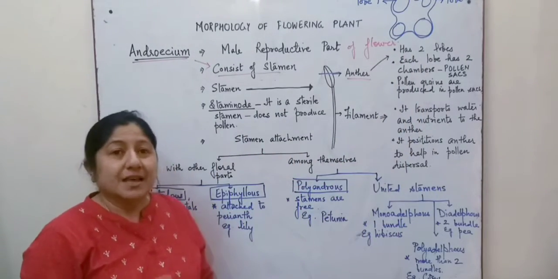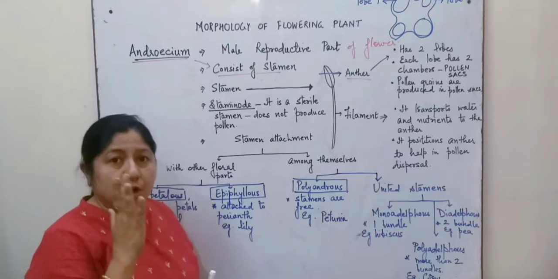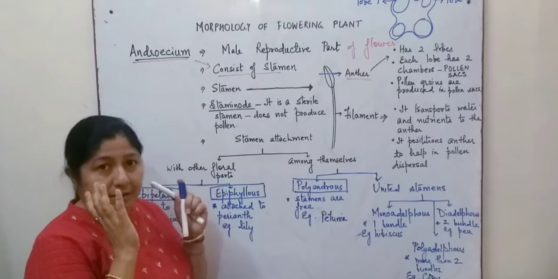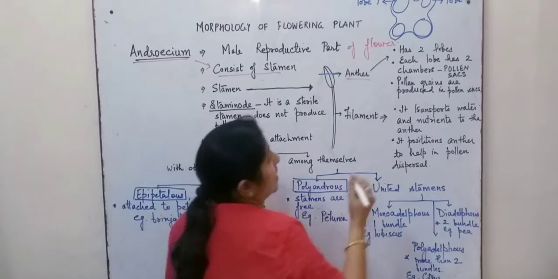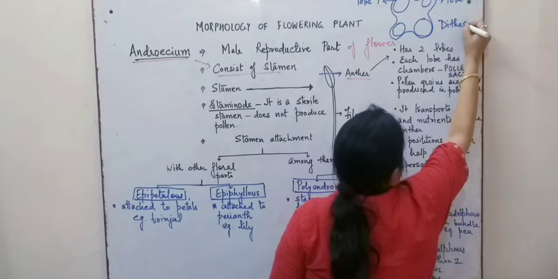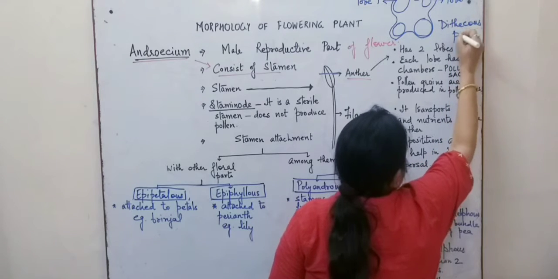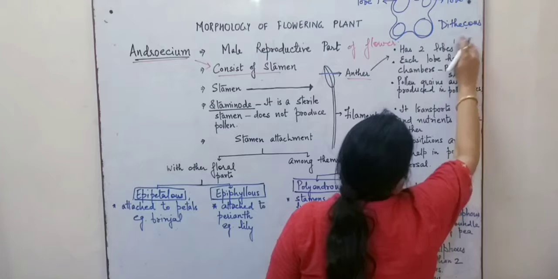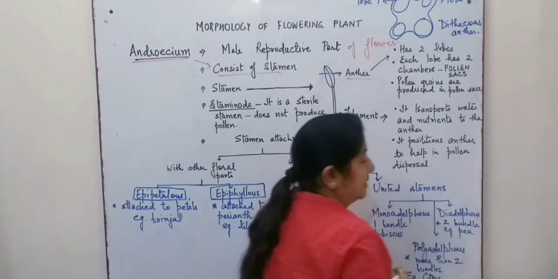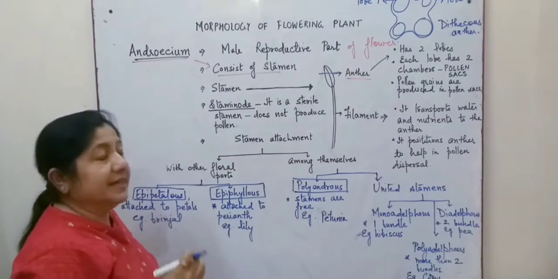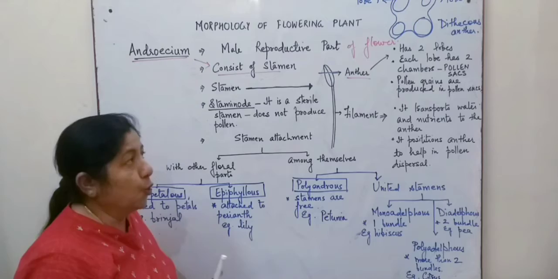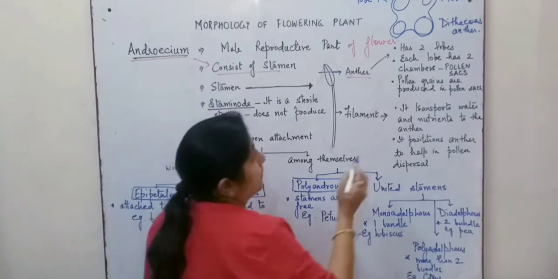Now since the anther has two lobes, it is known as a diathecous anther. Diathecous means the anther is bi-lobed, that is, having two lobes.